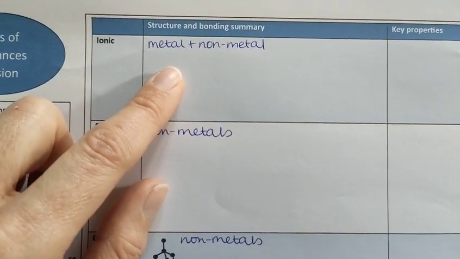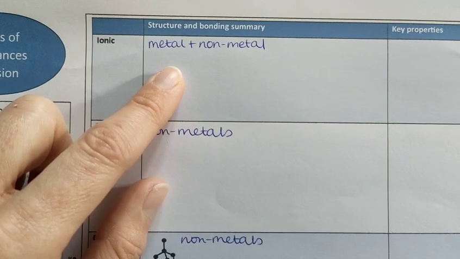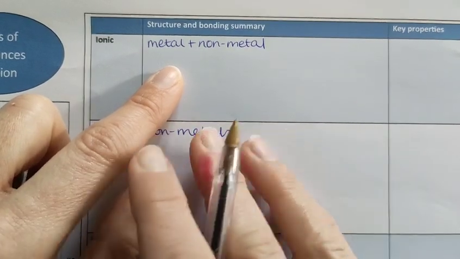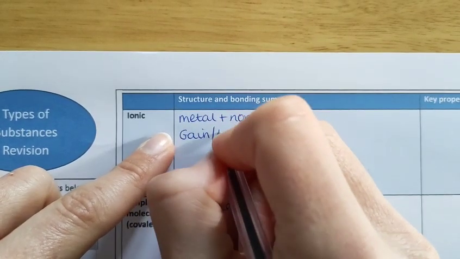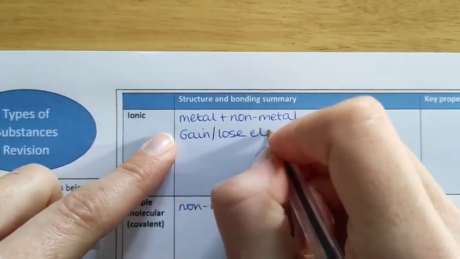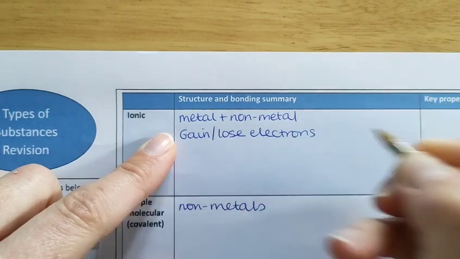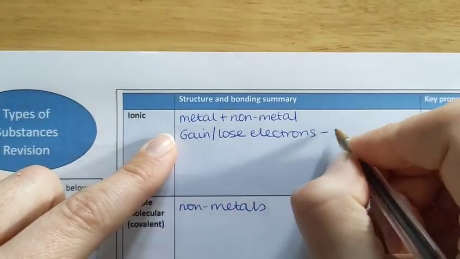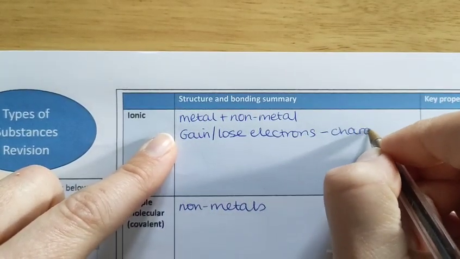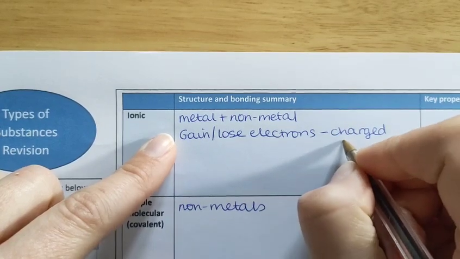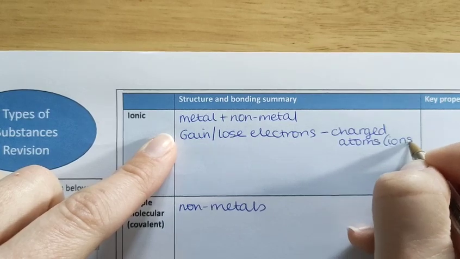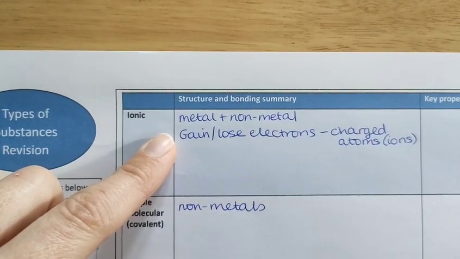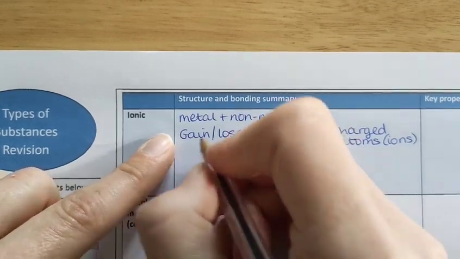So the summary of ionic bonding, if we think back to our revision sheet from before, it's where you gain or lose electrons. So then you have a charge, atoms or ions, and then those charges have an electrostatic attraction.